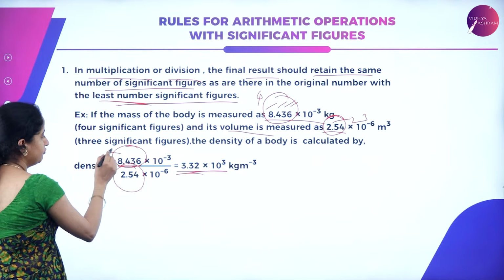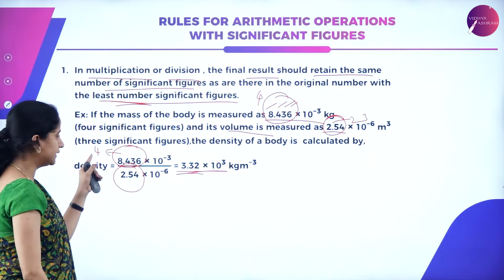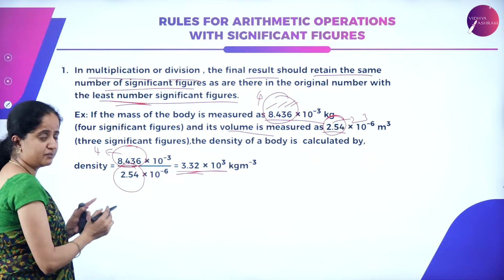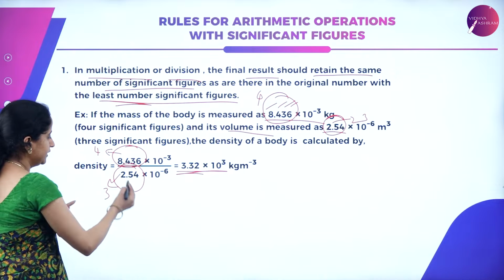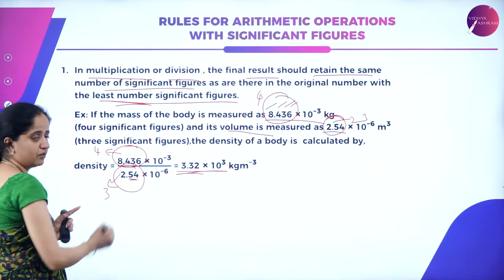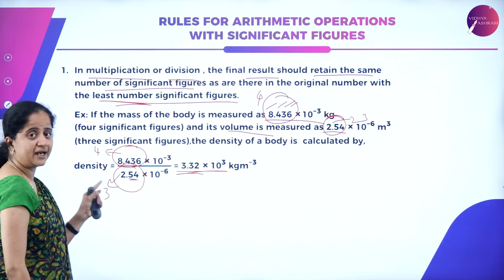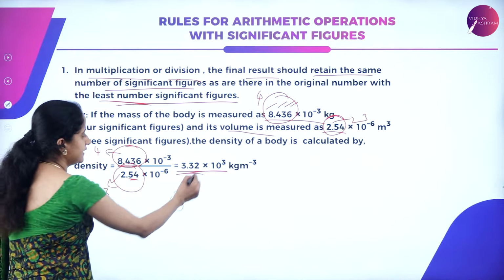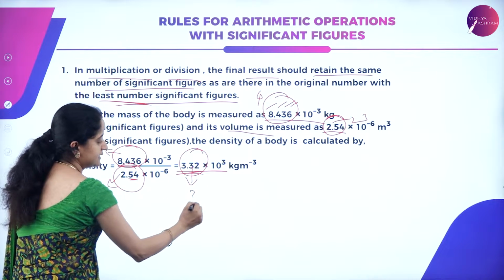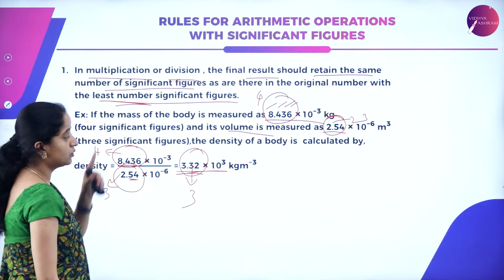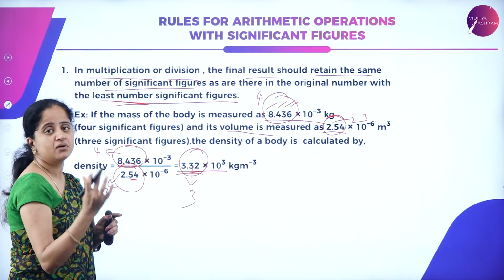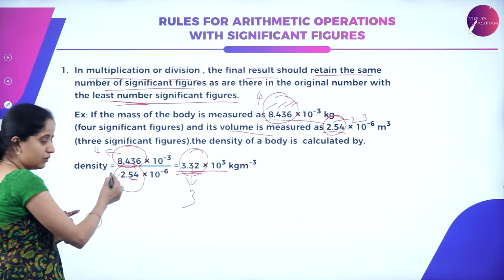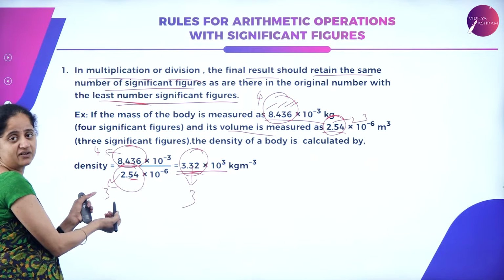We have 4 significant figures in the numerator, in the mass of the body given, and we have 3 significant figures in the volume. And here you can see after decimal point we have only 2 digits, which means totally I have 3 significant figures, and in the result also I have only 3 significant figures, because as per the rule the final result should retain the same number of significant figures as there in the original number with least number of significant figures.